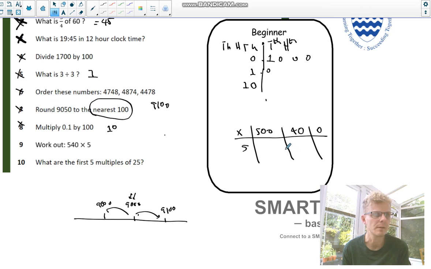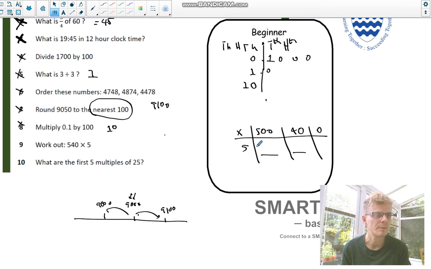So you may recognize this. Then all I have to do is do 5 times 500, 5 times 40, and then if you want to do 5 times 0. And then add up the bits that we're left with, and that would be the same as doing 5 times 540. The reason this is nice, it's a little bit cheaty, is because all the numbers are whole numbers, not decimals. We can count the zeros to see how large the number would be.